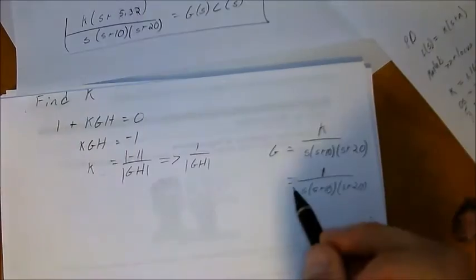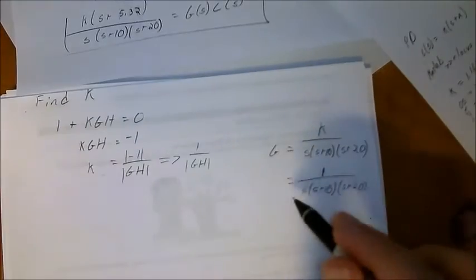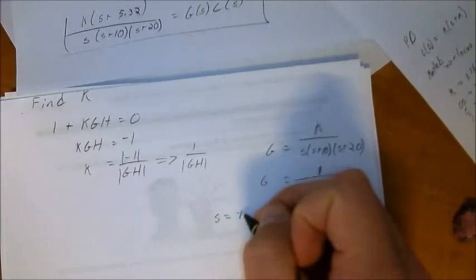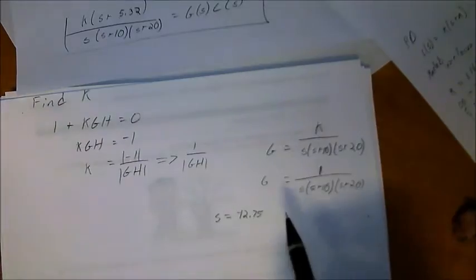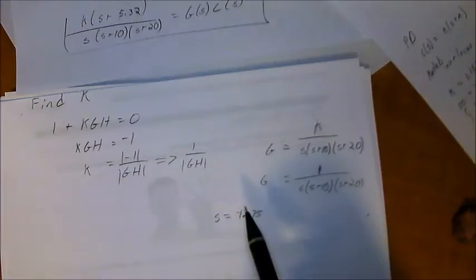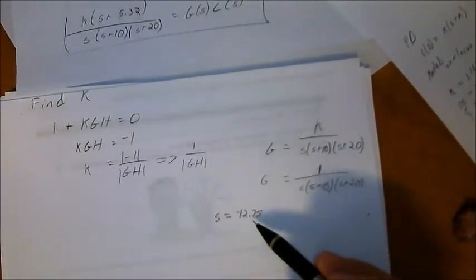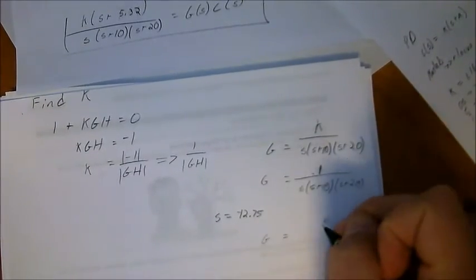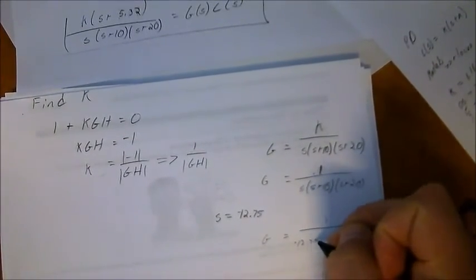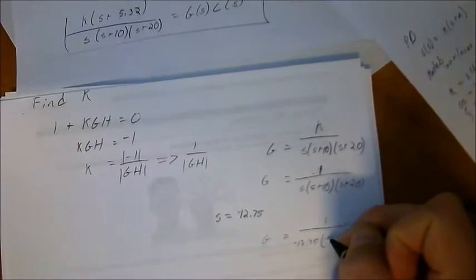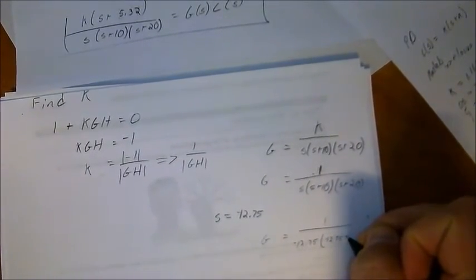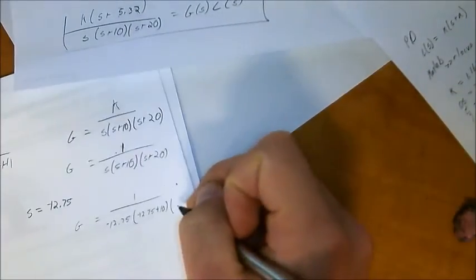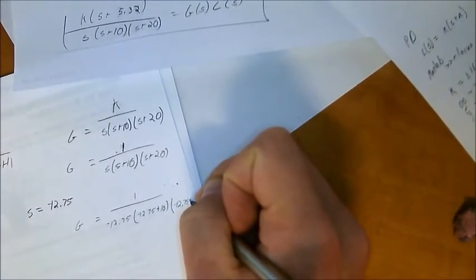So now, we need to find out what this G equals when s is equal to negative 12.75. This is the location on the real axis where the pole exists, so we put this in for s. Okay, so G equals 1 all over negative 12.75 times negative 12.75 plus 10, and negative 12.75 plus 20.